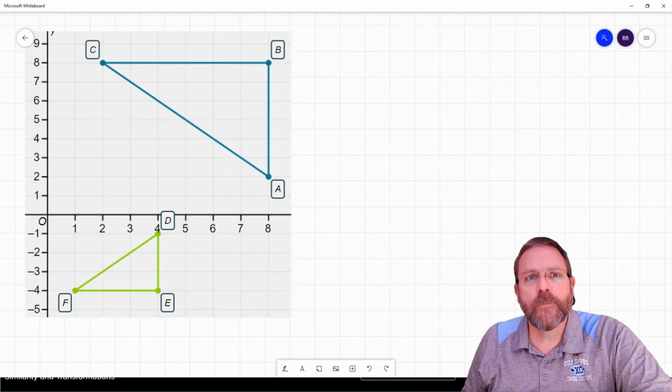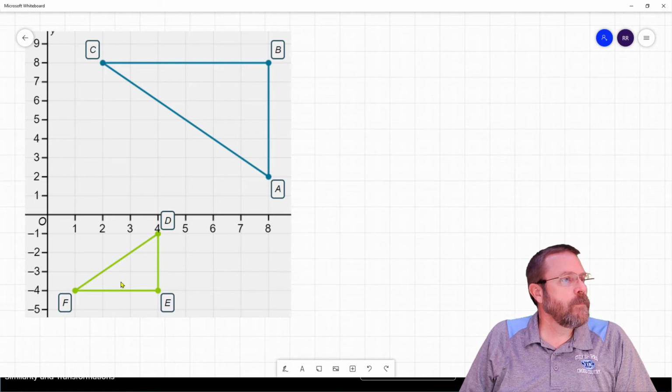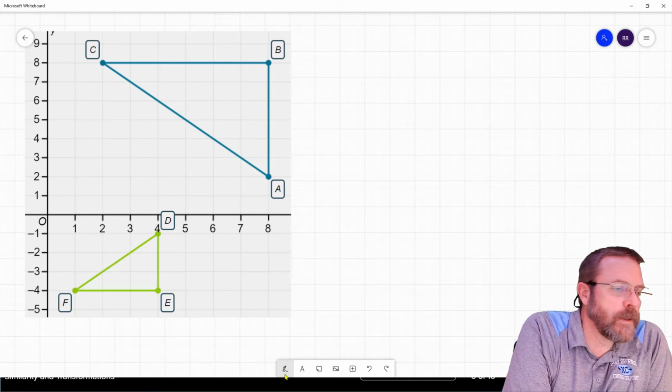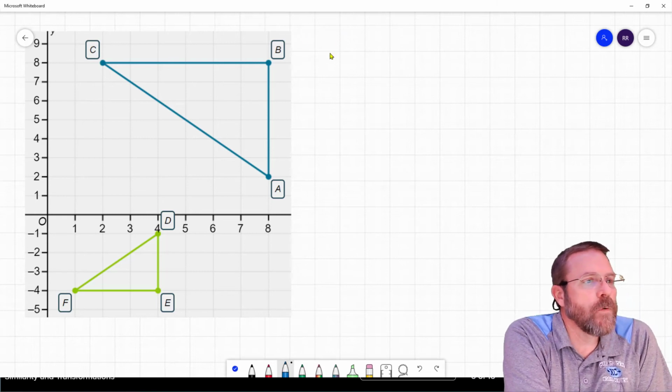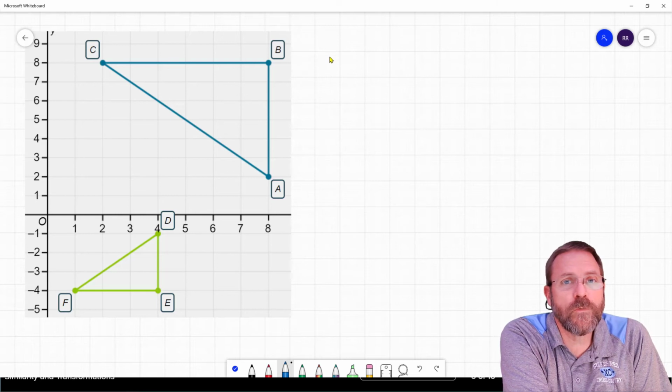The first thing I have to do is find the ratio between my sides. The prime figure is going to be DEF. The original figure or pre-image is going to be ABC here. So from here, we're going to start off by finding out whether or not they're going to have similar sides. And I'm only going to work the 2 sides I know.